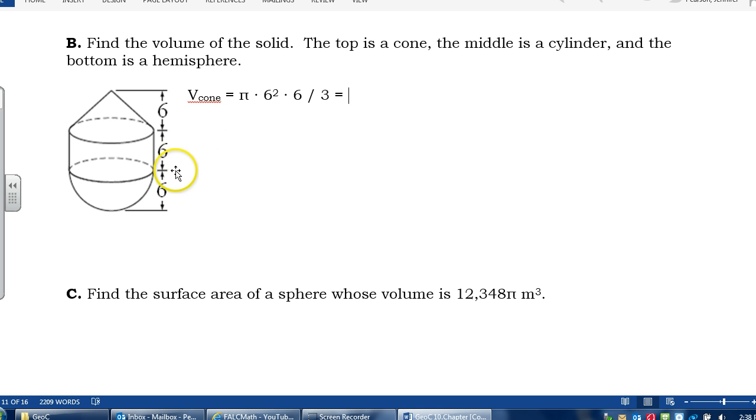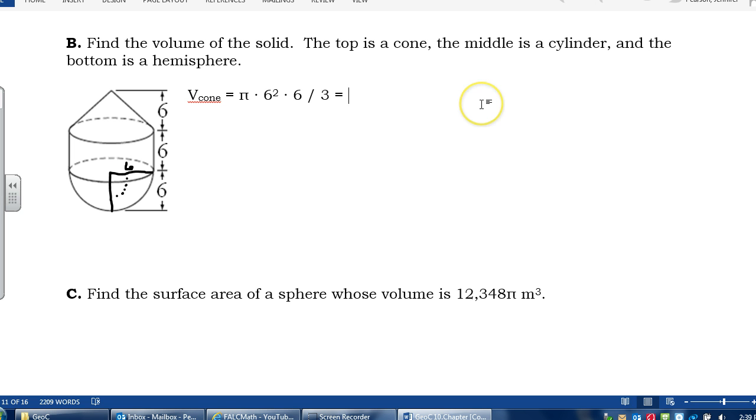So I know that the radius is 6, because if I look at the bottom hemisphere, if the radius is drawn right here, I guess the height, if you want to look at it as the height, is 6, but this whole segment rotates over because the radius is the same. So the radius for both the cone and the cylinder and the hemisphere, they're all 6.